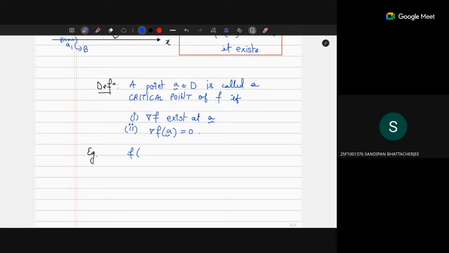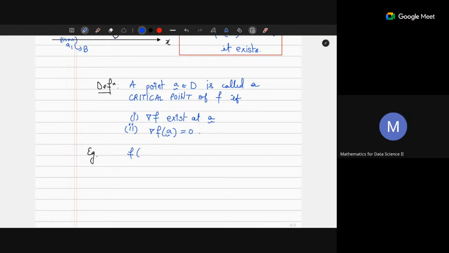But grad f exists at a tilde implies that f is differentiable at a, right? No, no, no. Existence of grad f does not imply differentiability of f. You are correct that I missed out this thing, but existence of grad f does not imply differentiability.